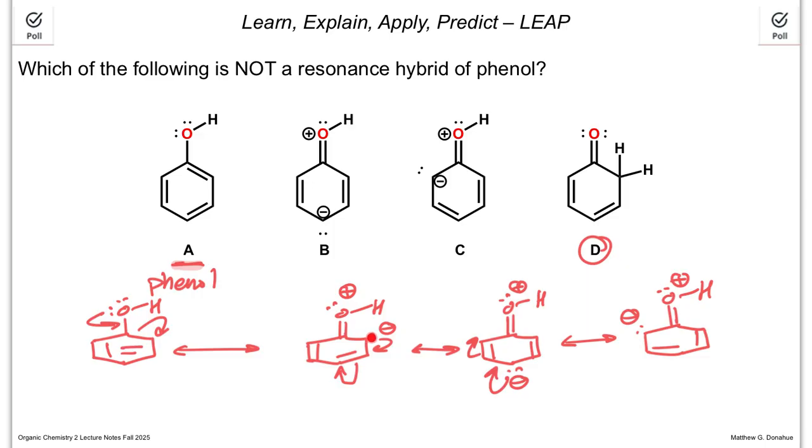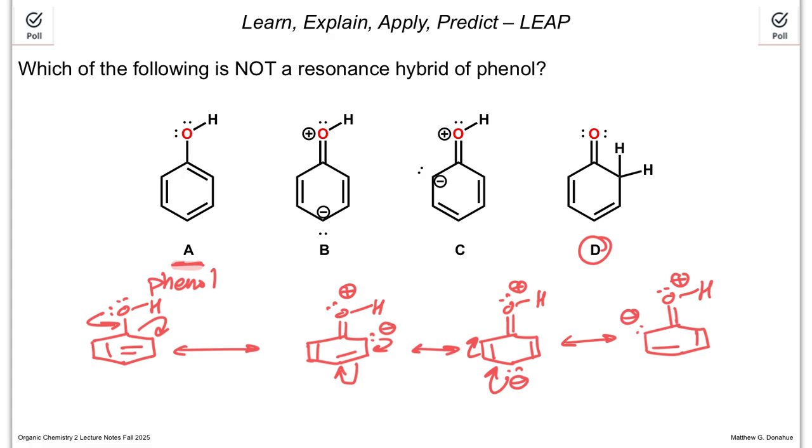So in this resonance hybrid, it's right next door. So there was that OH group. So they're neighbors. This last one's also the same, neighbors. Then the middle one, if we count, 1, 2, 3, 4.